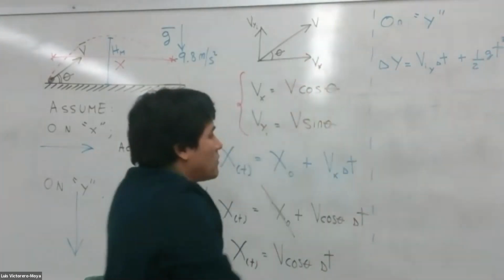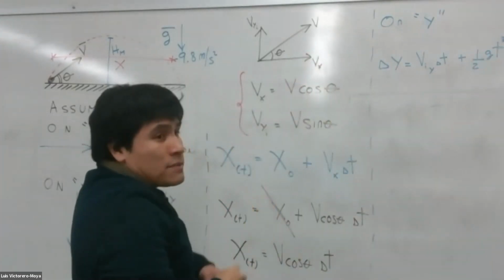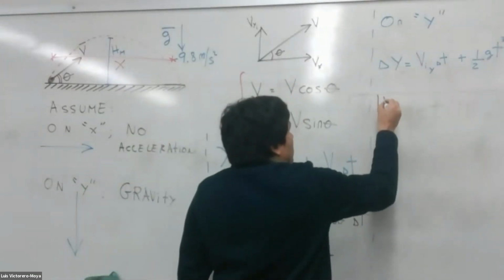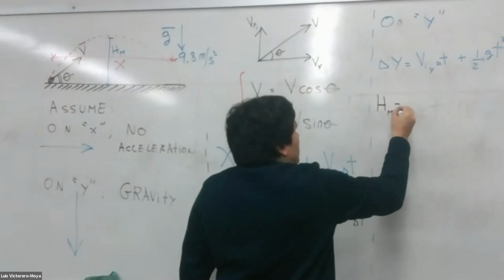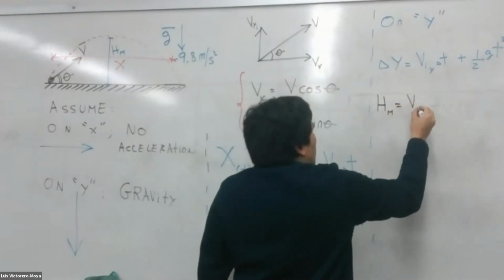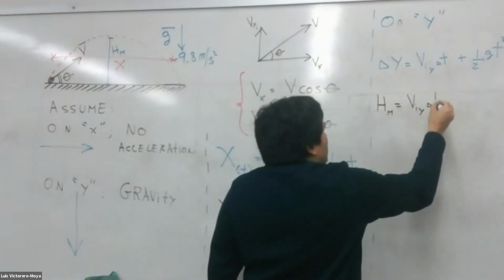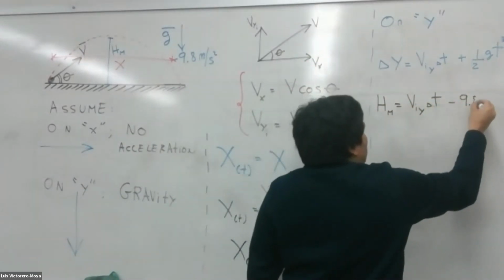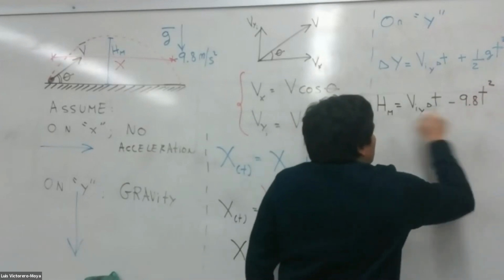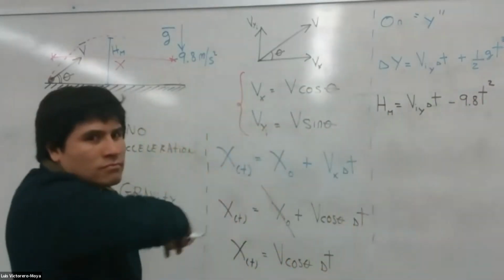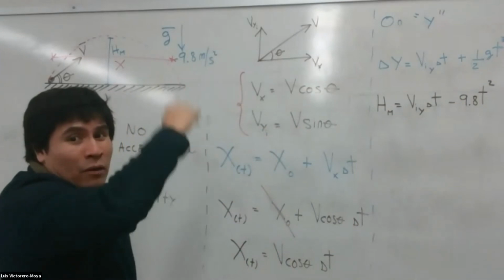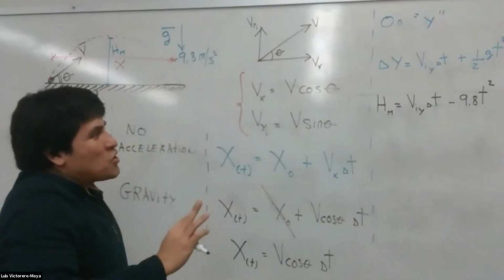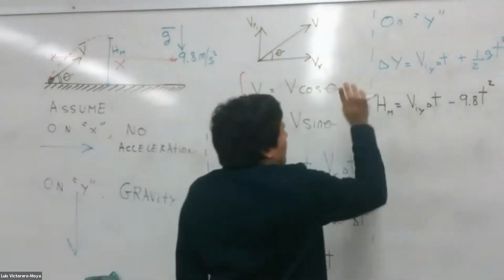But we know gravity goes down. So the vertical displacement is V initial on y times delta t minus 9.8 t squared over two. It's a negative quadratic equation, that's why it's a parabola opening down.